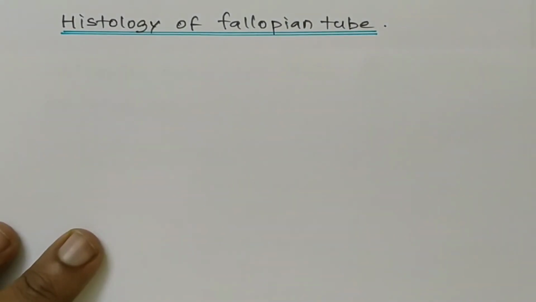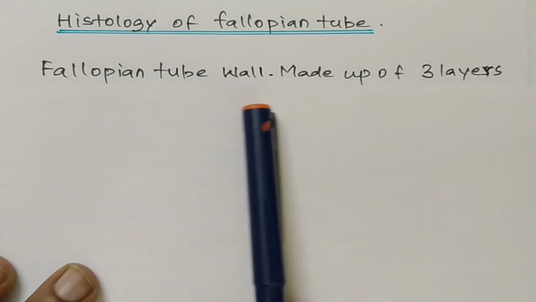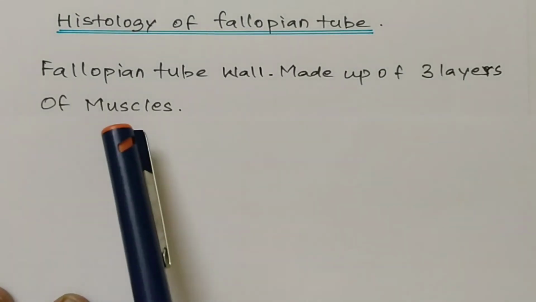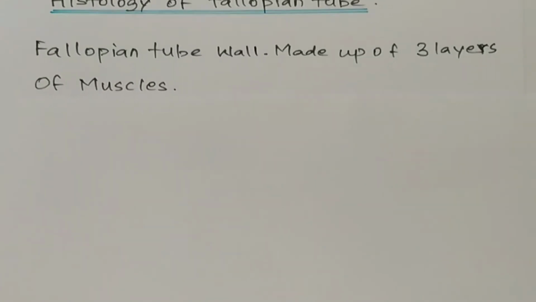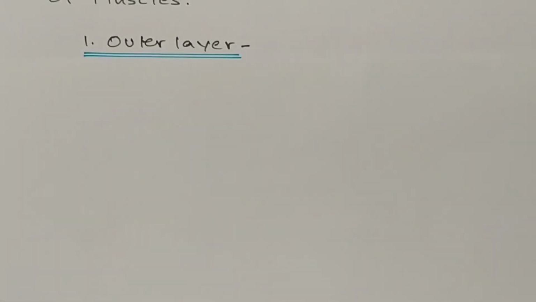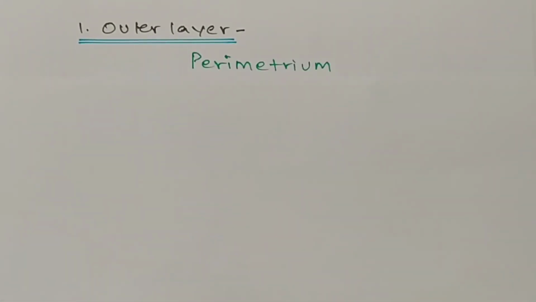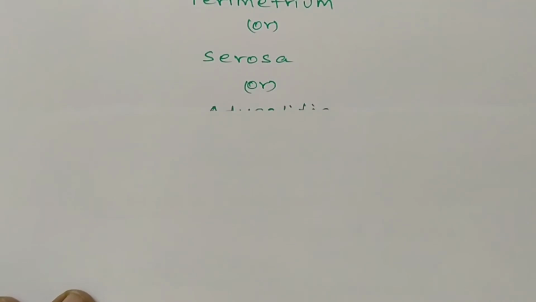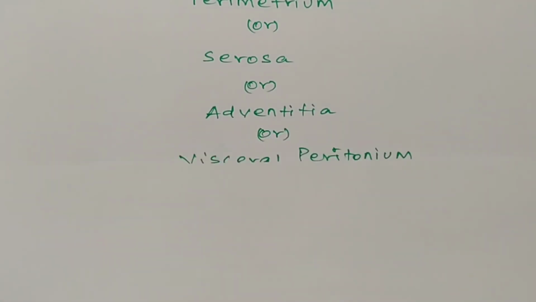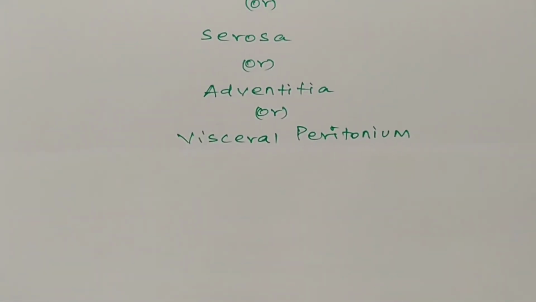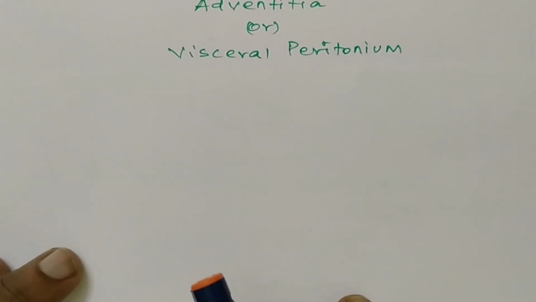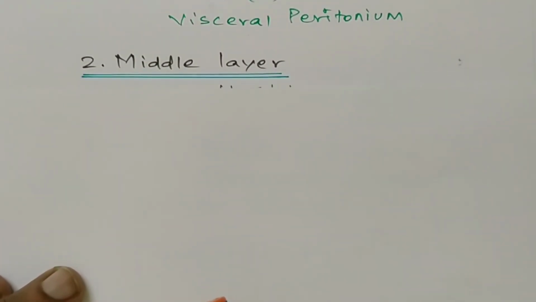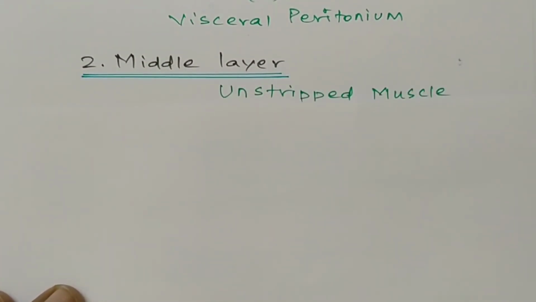Histology of the fallopian tube. The fallopian tube wall is made up of 3 layers. Let me see them one by one. The outermost layer is termed the perimetrium, otherwise called serosa, or adventitia, otherwise visceral peritoneum. The middle layer of the fallopian tube is made up of unstriped muscles.